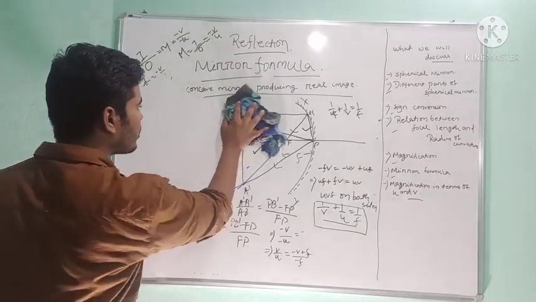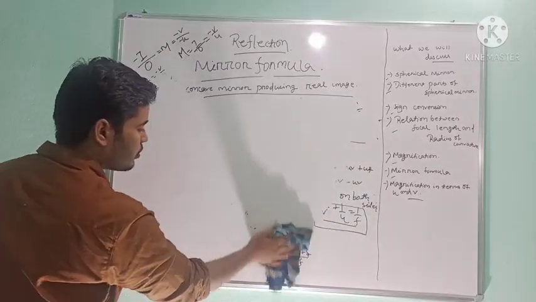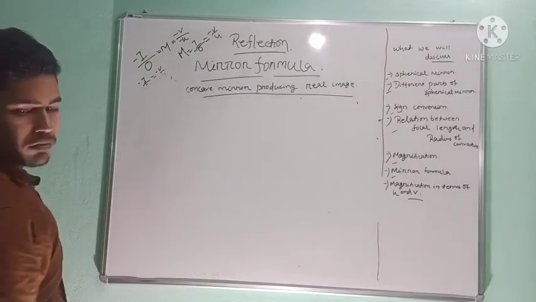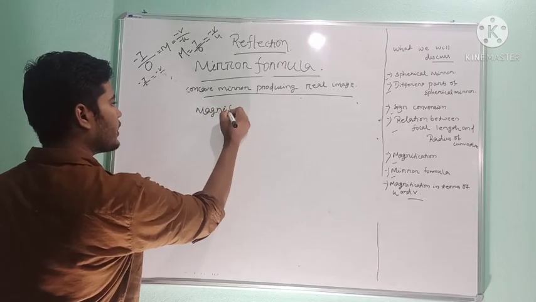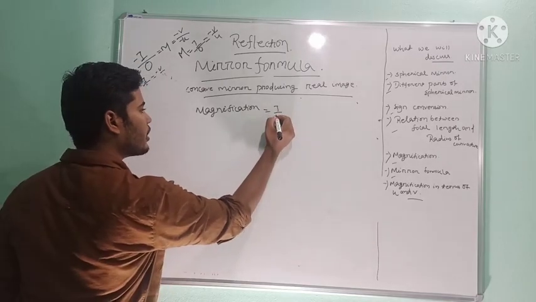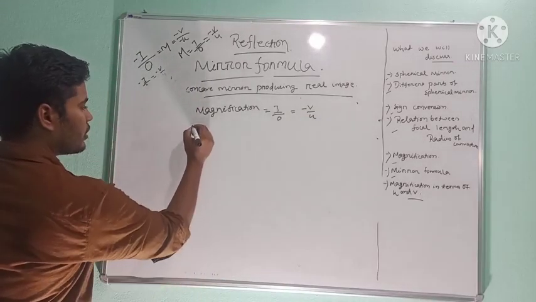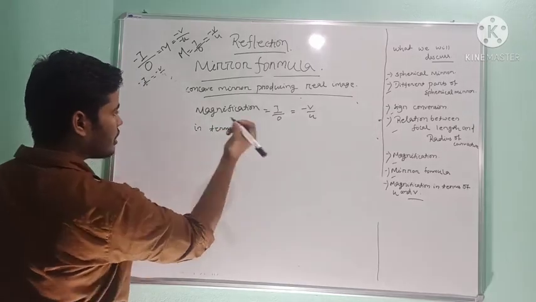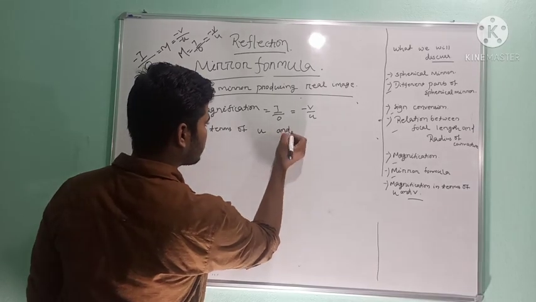Magnification is equal to minus v/u. Now we are going to derive magnification in terms of u and in terms of v. Magnification is I/O is equal to minus v/u.